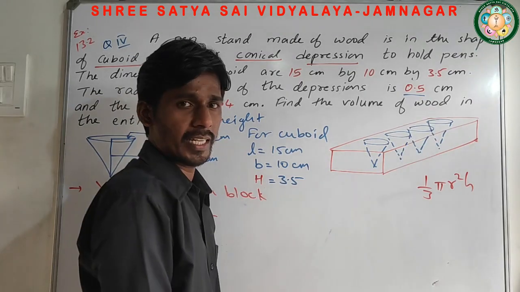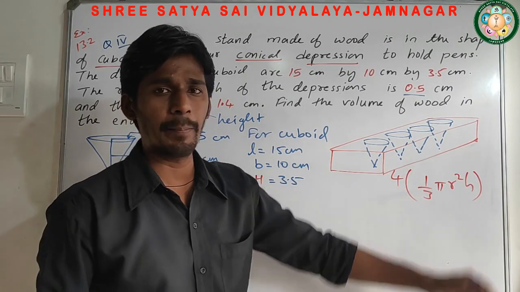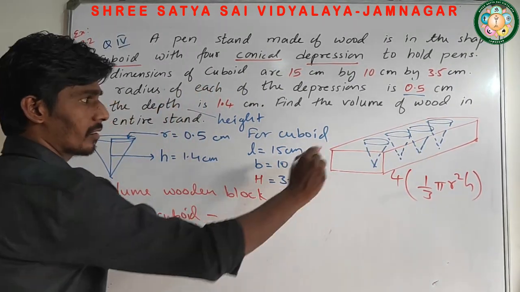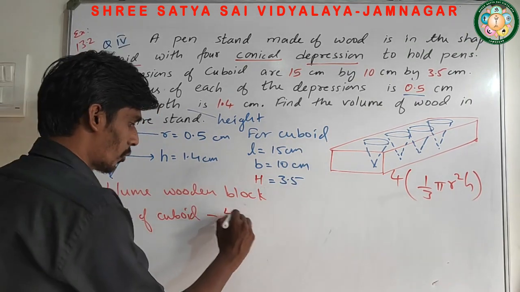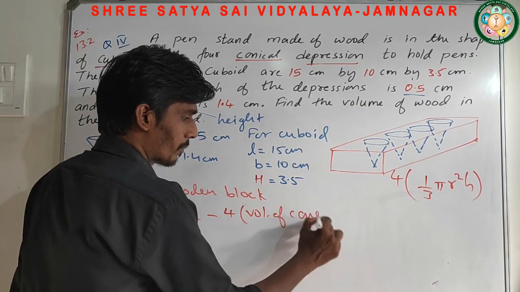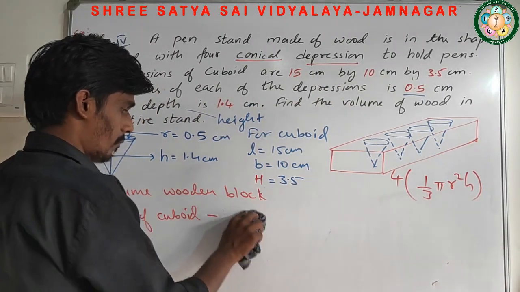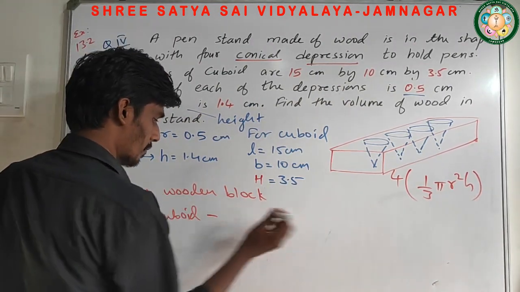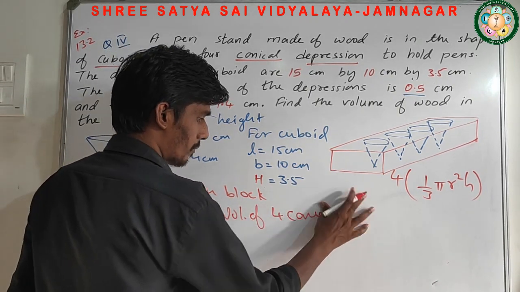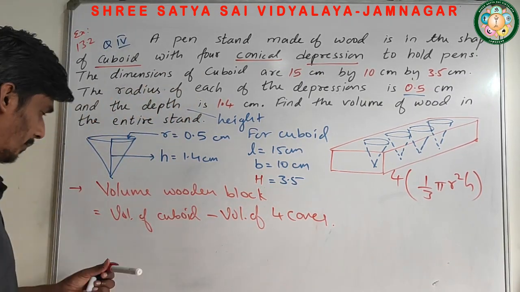Now how many cones are there? 4 cones, so multiply by 4 as each and every dimension is the same. So from the whole cuboid we will remove the volume of 4 cones, so 4 into volume of 4 cones.